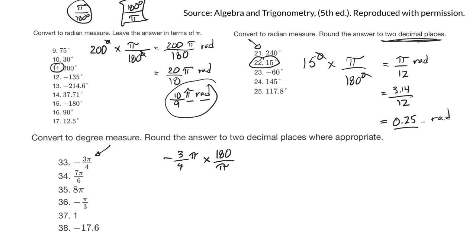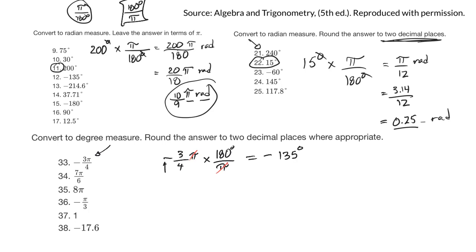So the pi's will cancel out, and now all I have to do is go 3 times 180 divided by 4. I think that comes out to 135. Notice that this one was negative, the sign will just follow. So this will be -135 degrees.